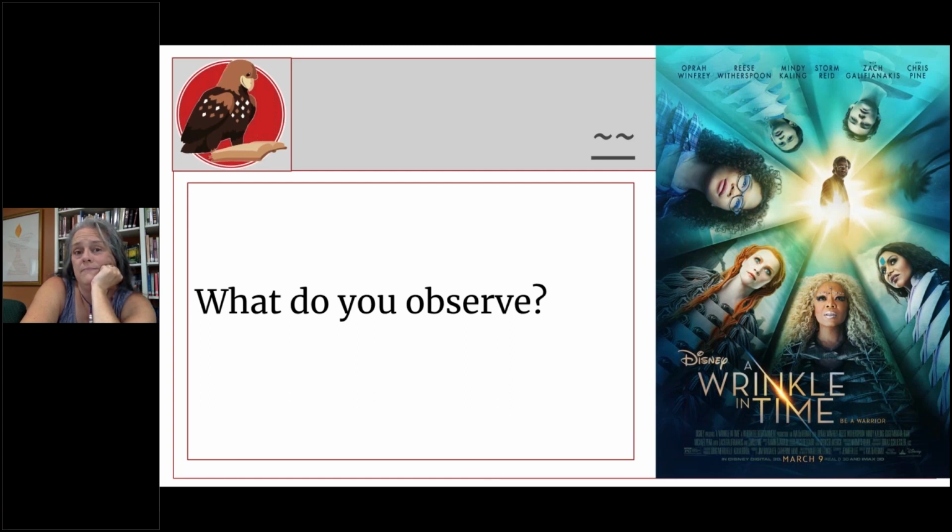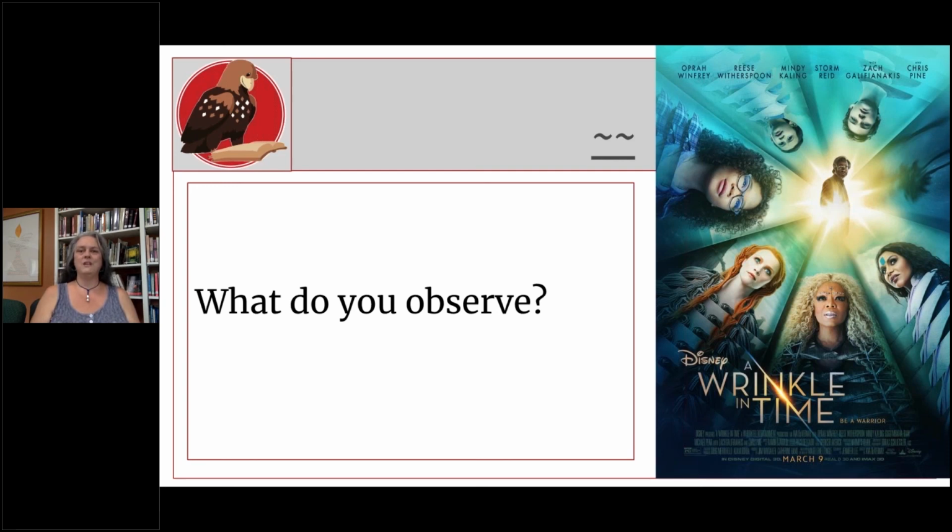In 1973 or 4, when I first read this book, I pictured that Meg was like me. And I pictured that every other character in this book was like me.